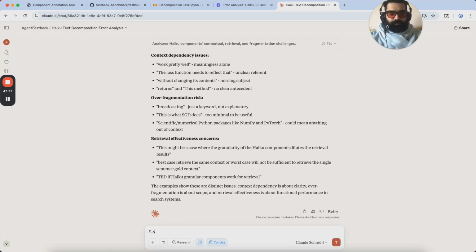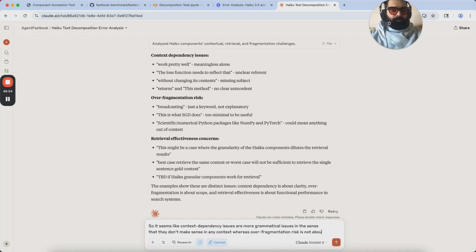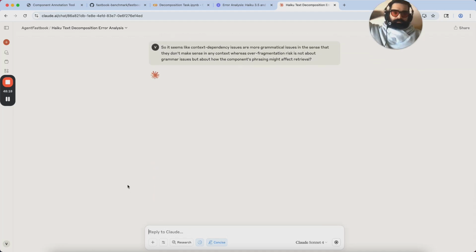So, okay, it seems like context dependency issues are more grammatical issues, in the sense that they don't make sense in any context, whereas over-fragmentation risk is not about grammar issues, but about how the component's phrasing might affect retrieval, maybe? Is that what it's saying?